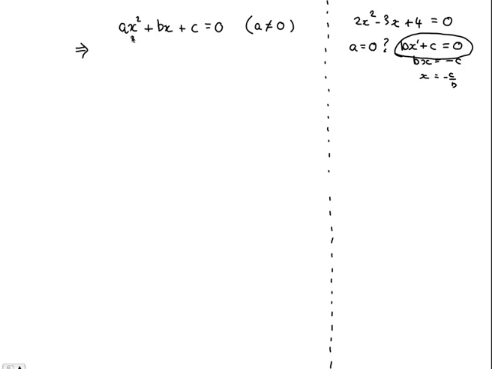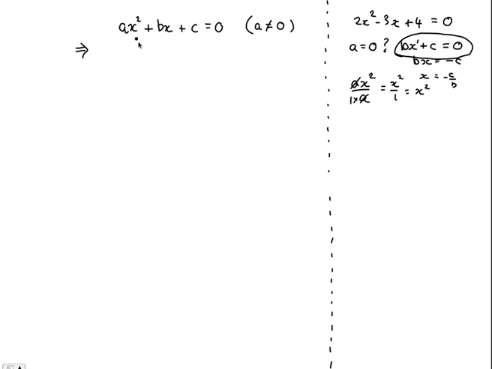So let's divide the left hand side and the right hand side by a, and they'll still be equal. So ax squared divided by a: we divide top and bottom of that fraction by a, the common factor a that's there would disappear, and we'd be left with x squared over 1, which is just x squared.